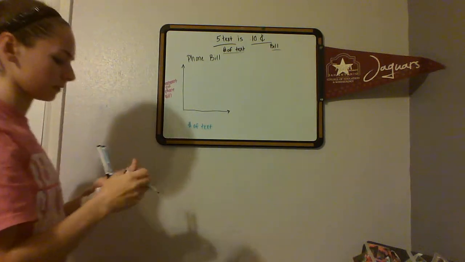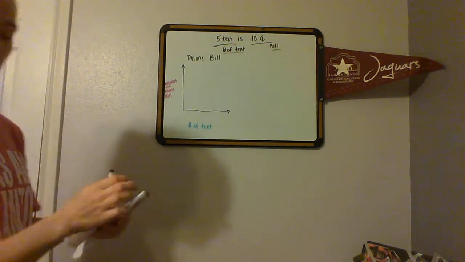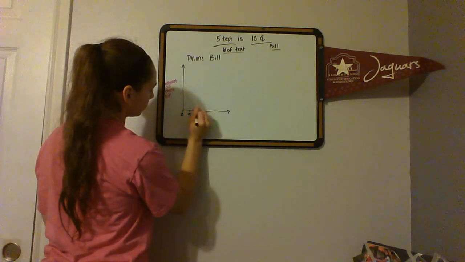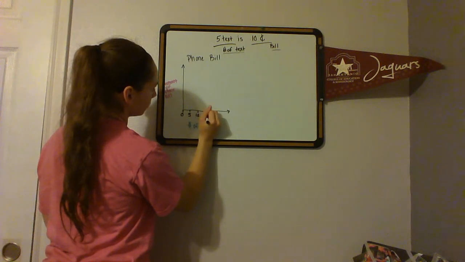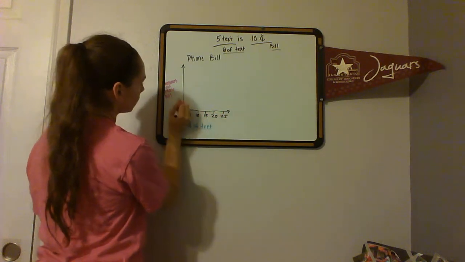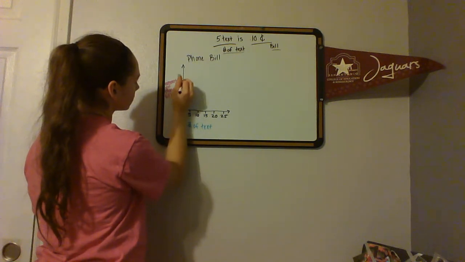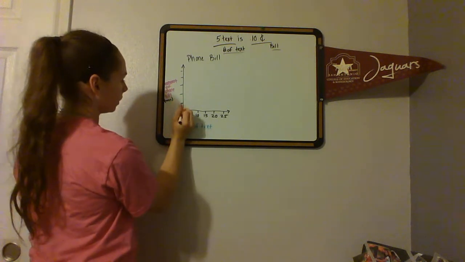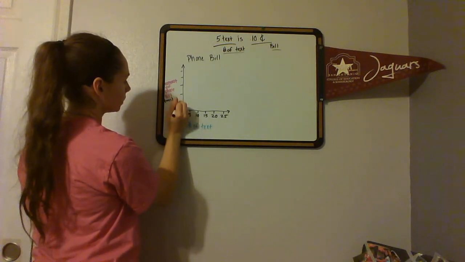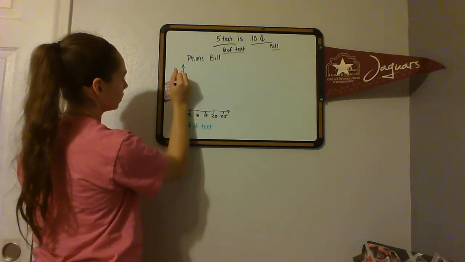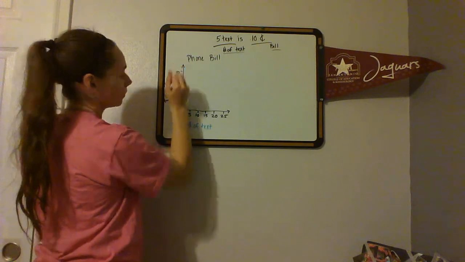Okay. So we can start from 0. We can do 5, 10, 15, 20, and we'll go up to 25. Then these are going to be in cents. So you can do cents in parentheses. And then go up from 10. So 10, 20, 30, 40, and 50.